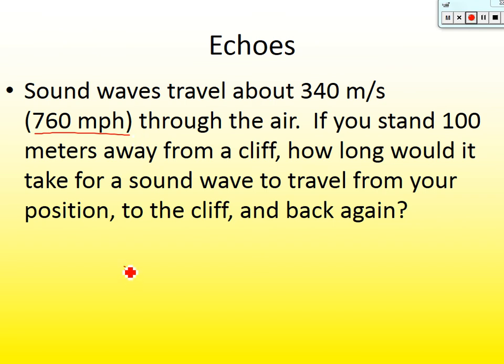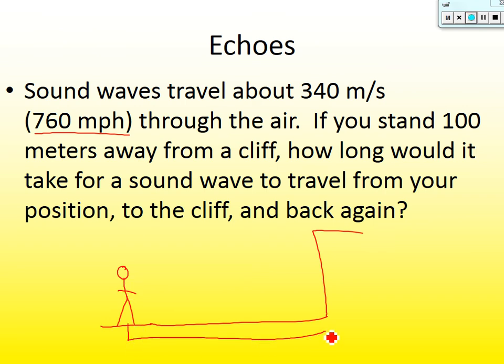So let's draw this picture. Here you are. Okay? Let's say the cliff is over here. How far is that cliff, guys? 100 meters. Okay, now we got to think about this.